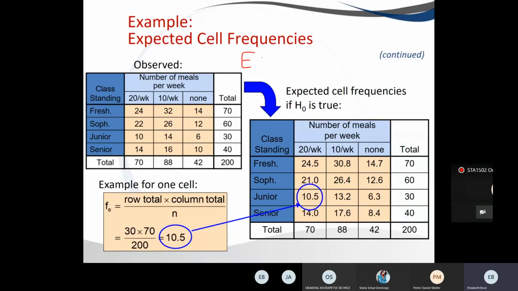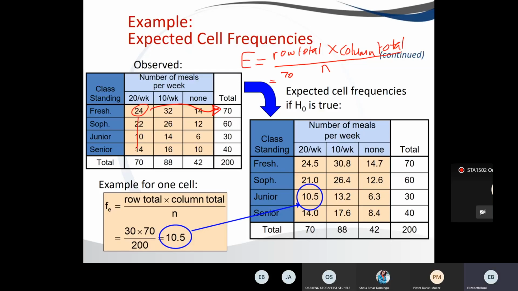Remember your expected value: row total multiplied by column total, divide everything by n. So if I want to calculate for 24, my row total for 24 is 70. So my row total will be equal to 70.